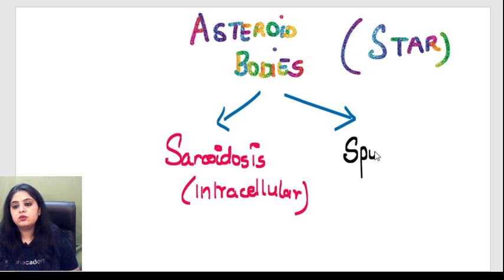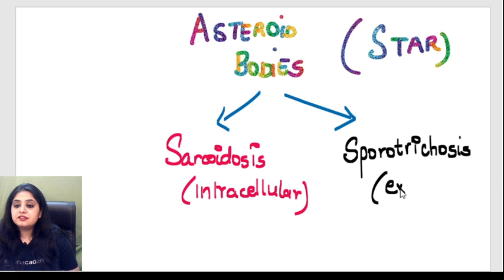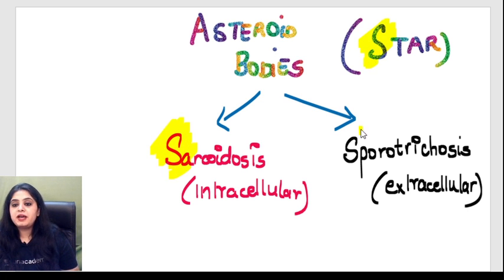I think everyone knows sporotrichosis or Sporothrix schenckii also shows you the asteroid bodies, but in that case, the asteroid body is extracellular. It's extracellular, outside. So remember, the star-shaped body is seen in the 2 S's, one S of path, one S of micro. In pathology, sarcoidosis, it's inside the cell. In sporotrichosis, it is outside the cell.